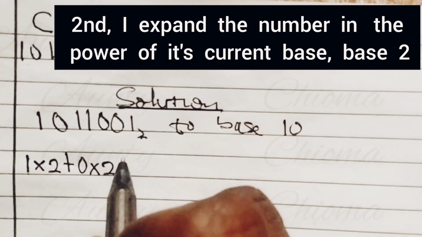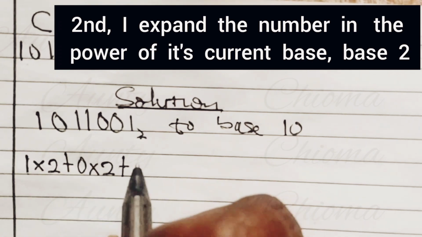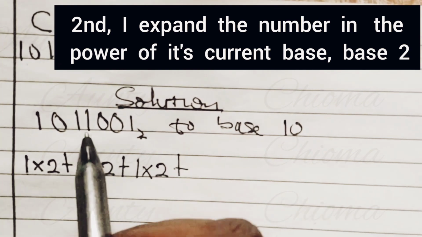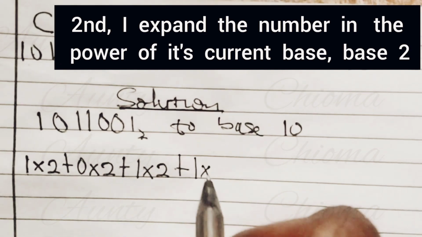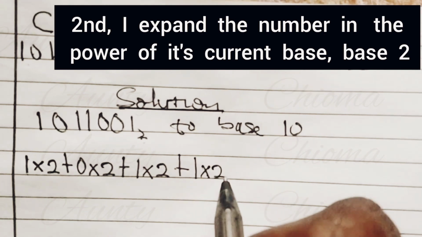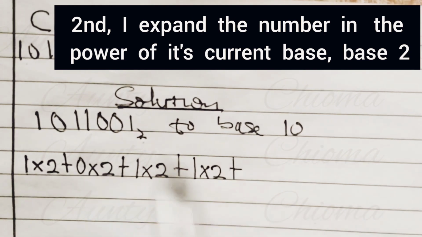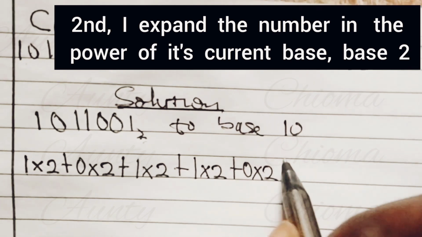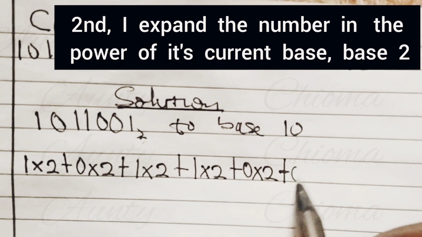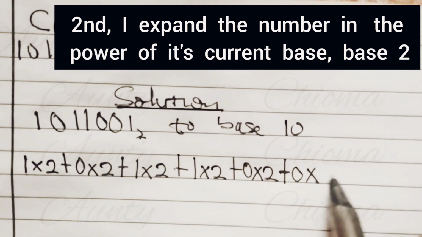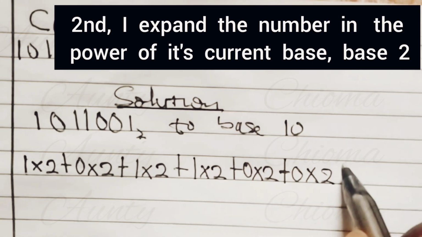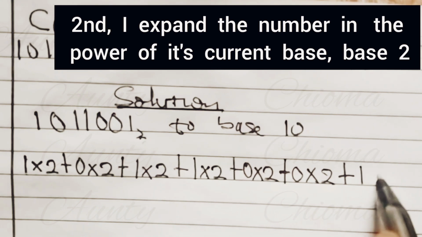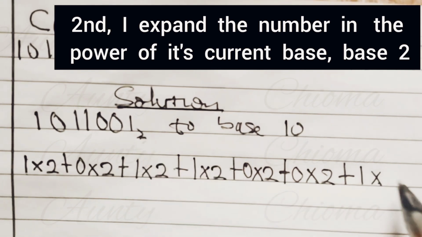So I continue. Plus 1 times 2, plus this 1 times 2, plus 0 times 2, plus the last 0 times 2, finally plus the last 1 times the base, which is 2.